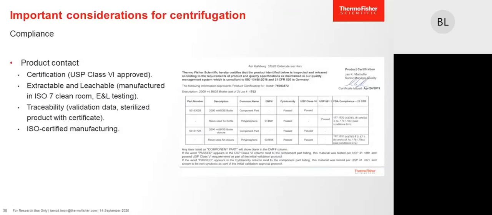For the product contact containers, one should look at the certification. For example, the USP Class 6 approved, ensure about the extractable and the leachable, that the products are manufactured in some ISO 7 clean room, and all the data are available and listed on some certificates, and that the product comes sterilized with the certificate, and of course with the ISO certification.